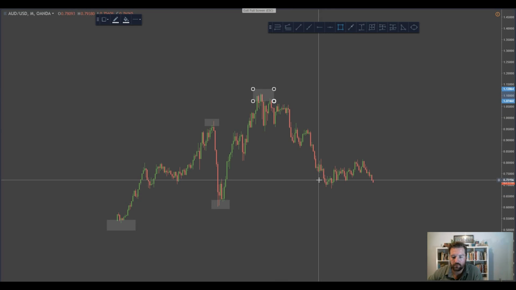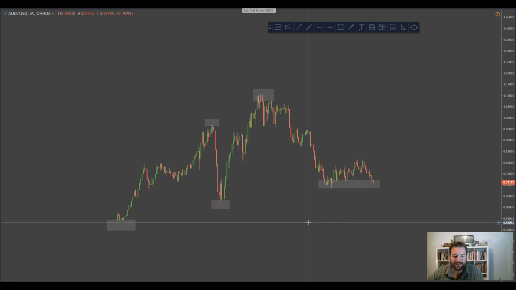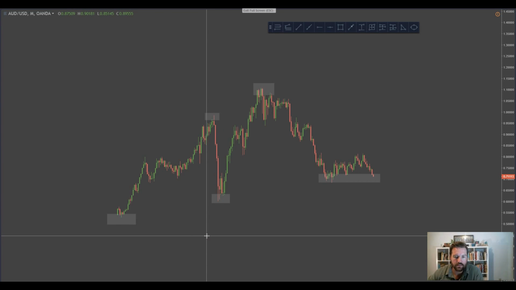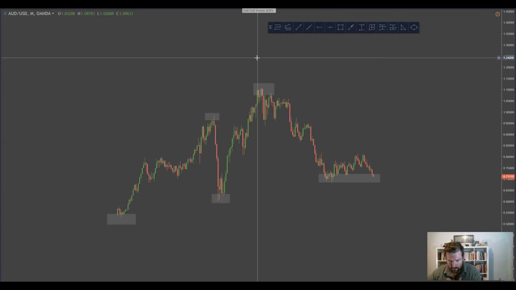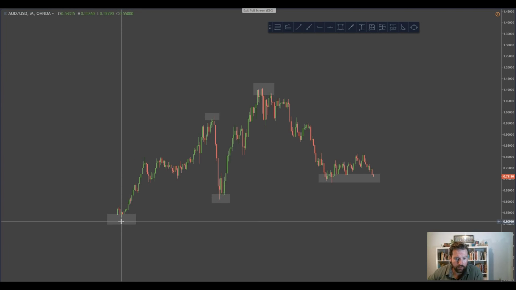And right now we are down in this area here. If you define an uptrend as consistent higher highs and higher lows, this chart has to be defined as an uptrend. You can see that clearly by our lows, our higher low, our higher high, and potentially a higher low.